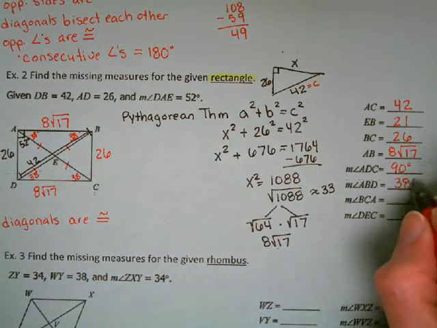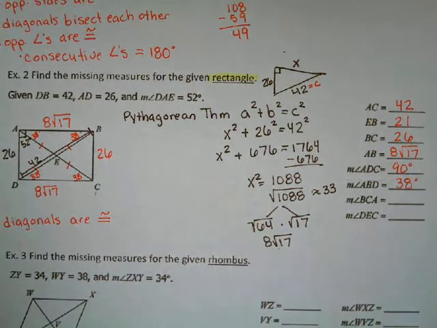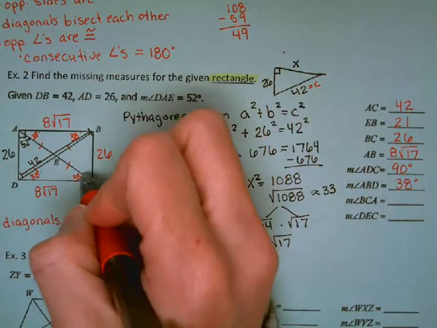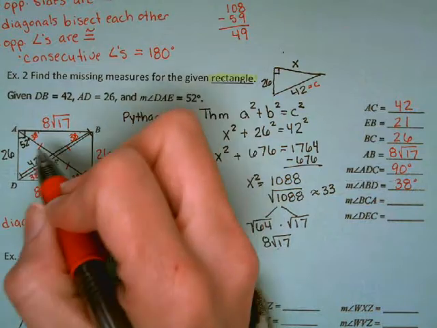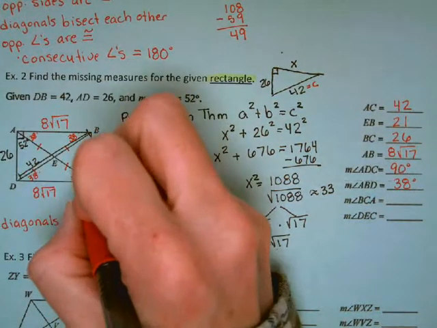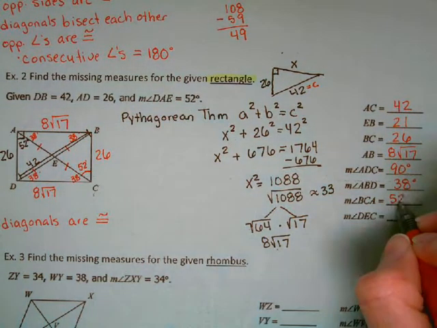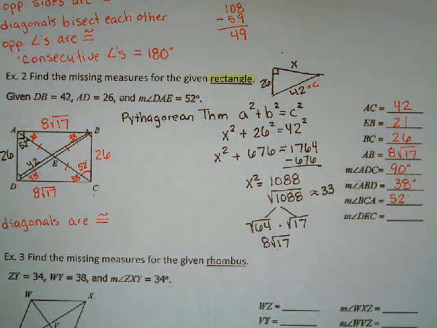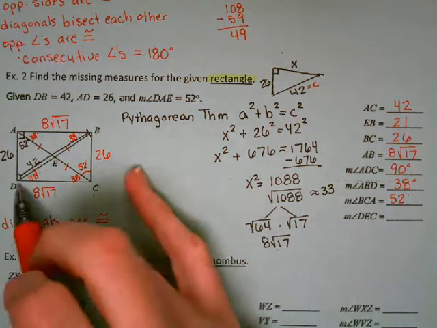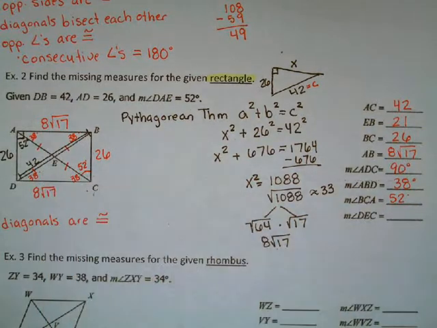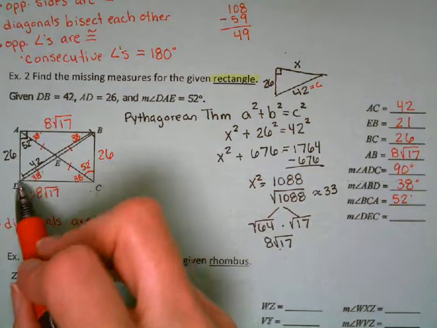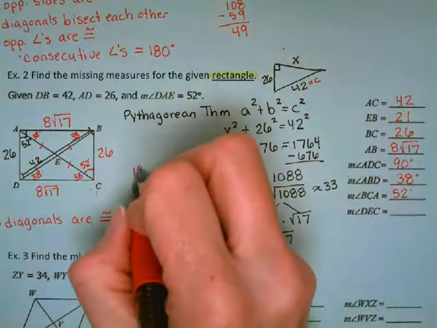Okay, BCA. Well, that's alternate interior. BCA is alternate interior with that one, so that would be 52. DEC is right here in the middle. So what I would do to find this angle E right here, DEC, I would take 180 minus 38 minus 38.